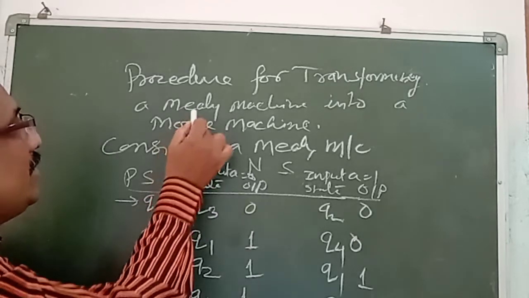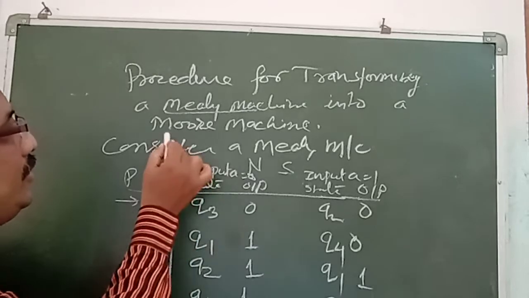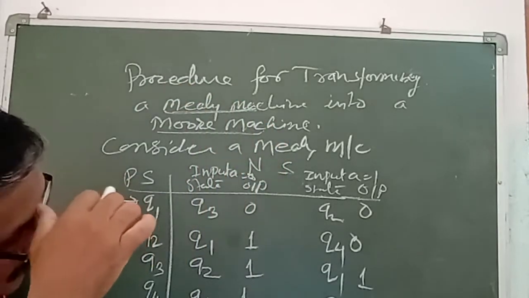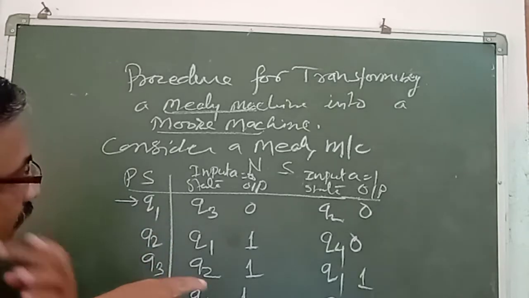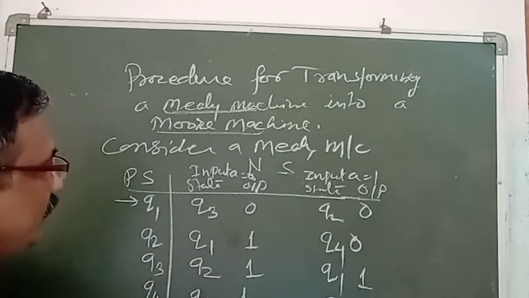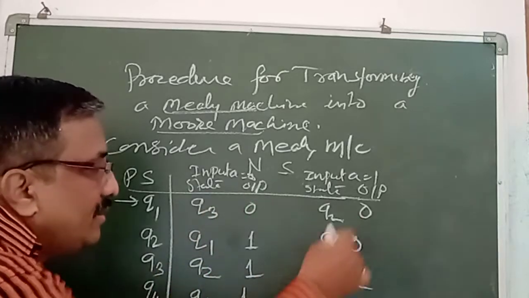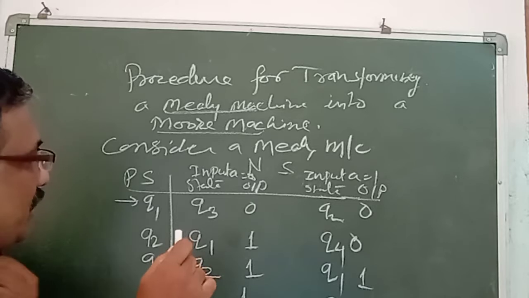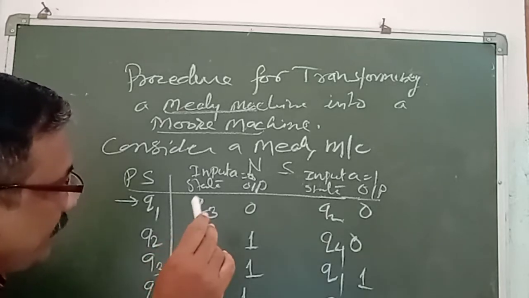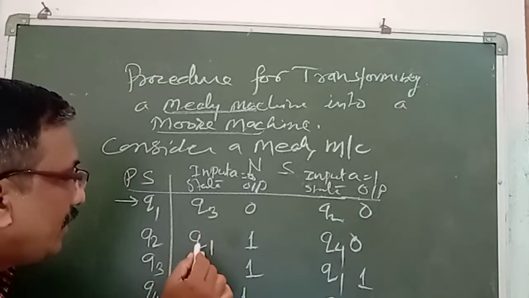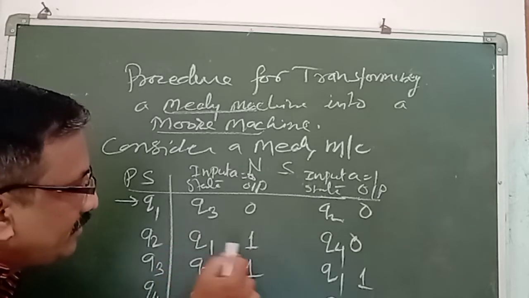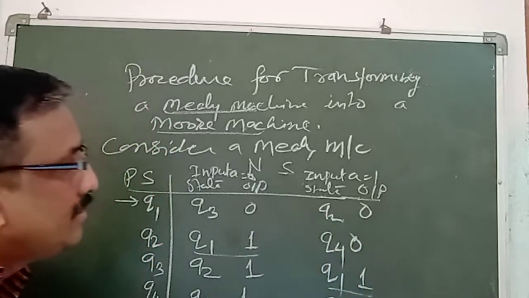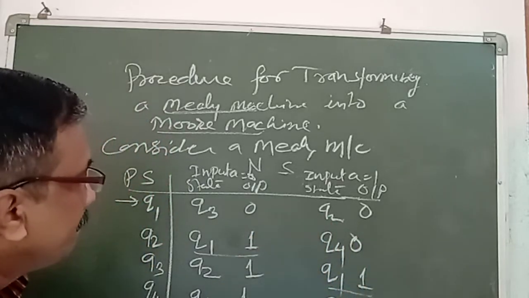This Mealy machine is to be converted into an equivalent Moore machine. Now we look into the table. In this part, we find the output associated with states. For example, the output of state Q1 is 1 and output of state Q1 in this part is 1.